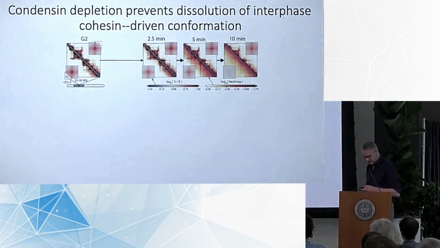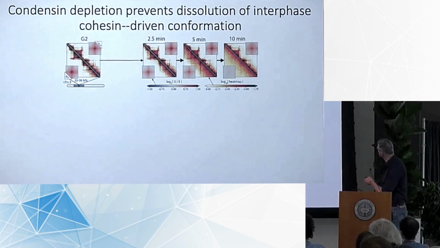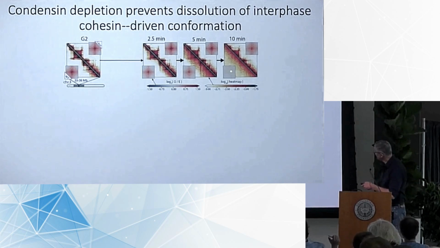How does that work? So here we zoom in a little bit, looking at loops made by cohesin. Here is a CTCF loop in an aggregate in G2 cells. If you go into mitosis, after about 10 minutes, those cohesin-mediated loops have been erased.